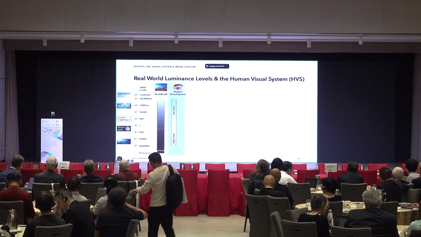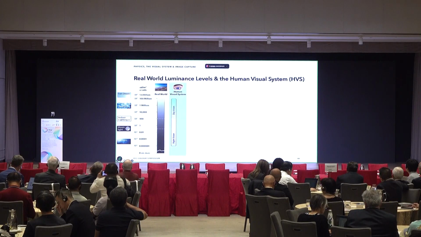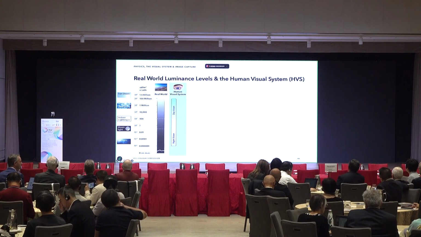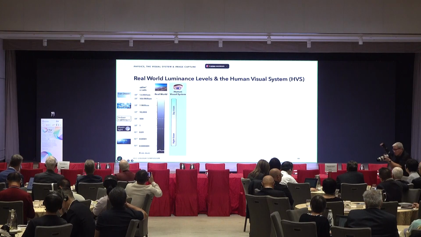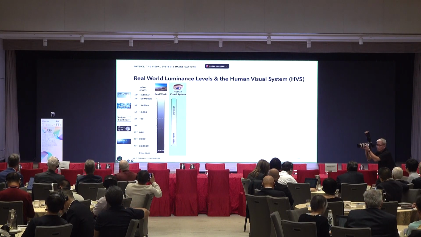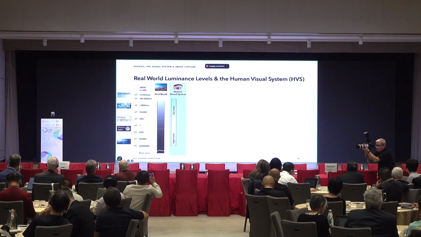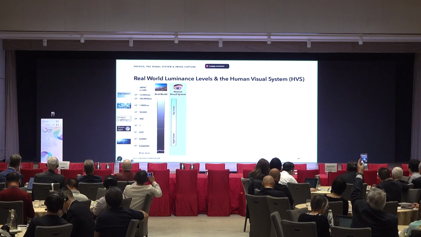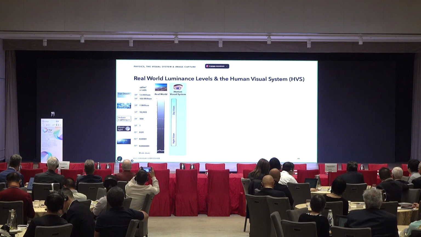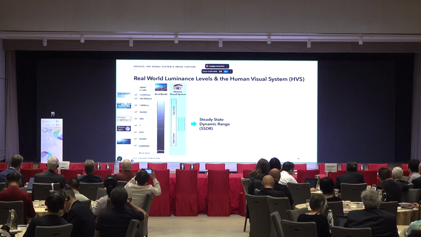So here we have the difference between the real world and what the human visual system, or HVS, actually can discern. The minimum is 10 to the minus 6 candelas per square meter, which is the limit of night vision. And then it goes all the way up to 10 to the 8 nits, which is about 100 million nits in the peaks of day vision. But we can't see all of that at the same time.